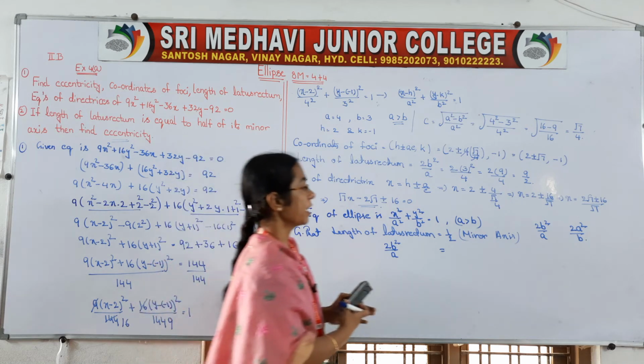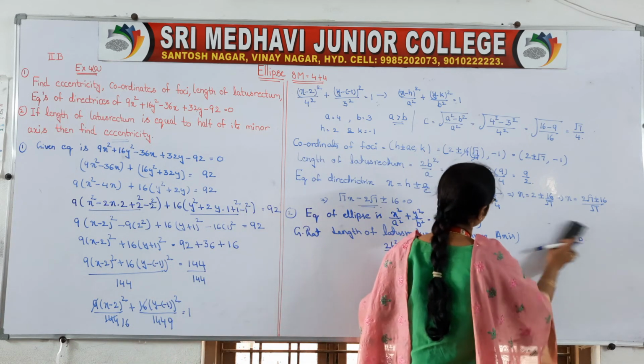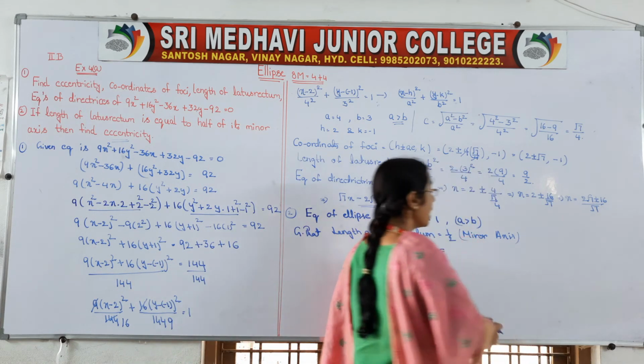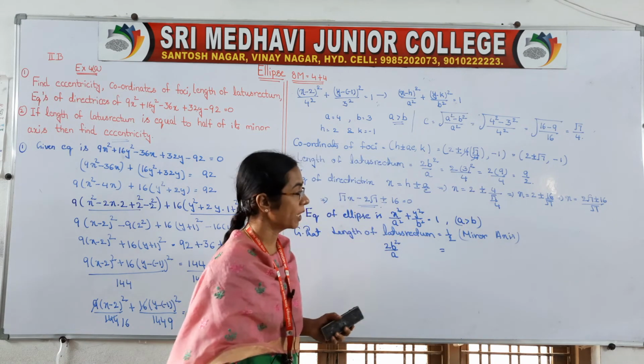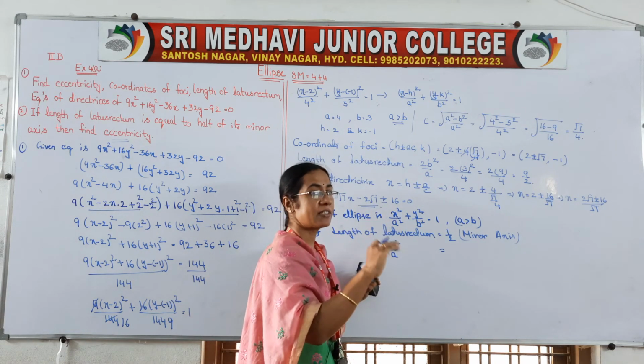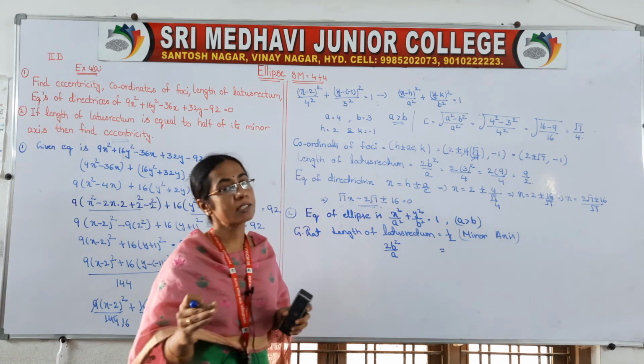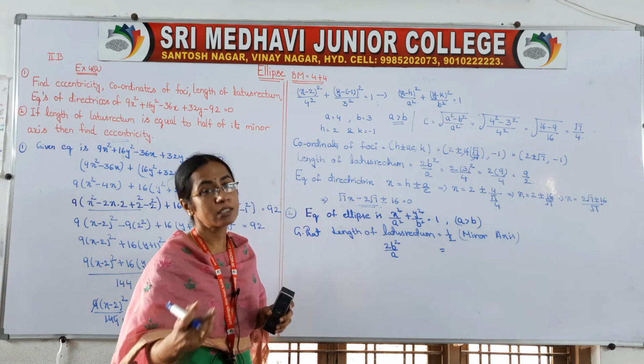So 2b square by a is equal to half of the minor axis. When a is greater than b, the major axis is 2a and the minor axis is 2b. Similarly, if a is less than b, the major axis is 2b and the minor axis is 2a.